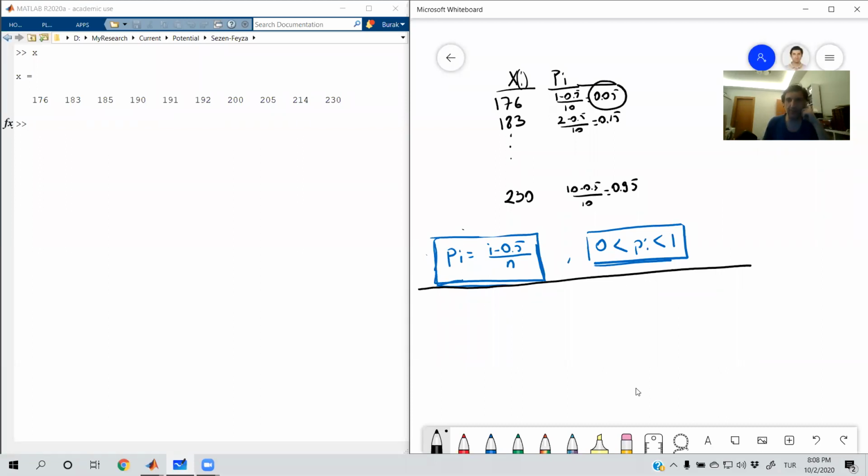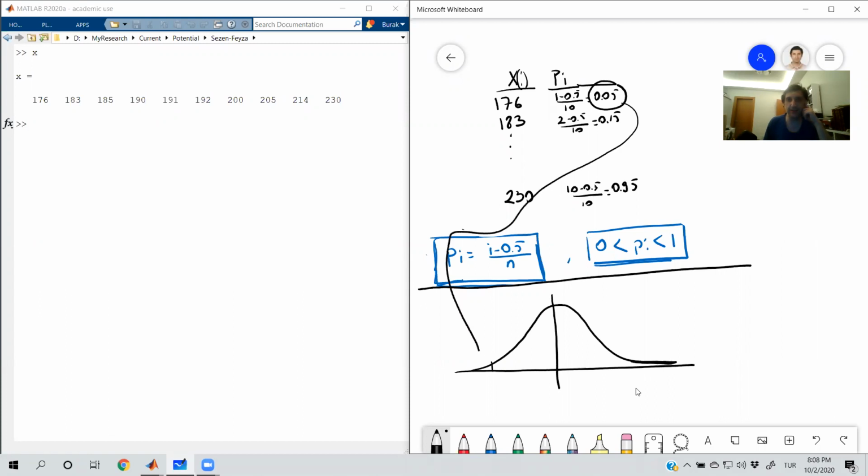For instance, if we plot the standardized normal distribution curve, 0.05 will correspond to the tail area. Actually, it's going to be the cumulative distribution function value here. So this area is going to be equal to 0.05. What we are trying to find is the corresponding Z value here.